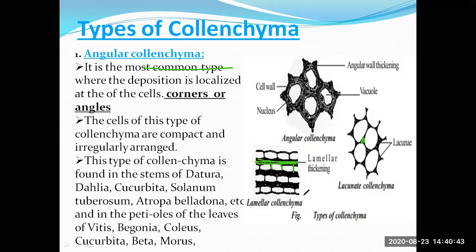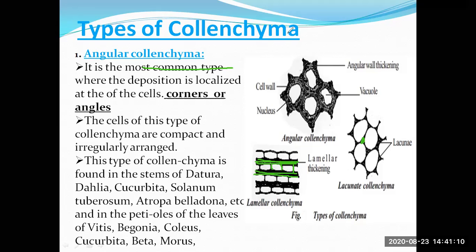Cells are arranged very close, compactly. As a result of thickenings in tangential walls, they appear like a plate, like a band or lamella, one over the other, one over the other.